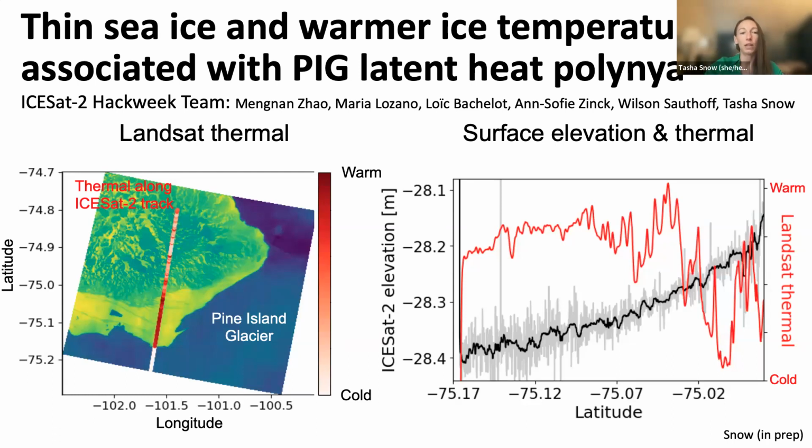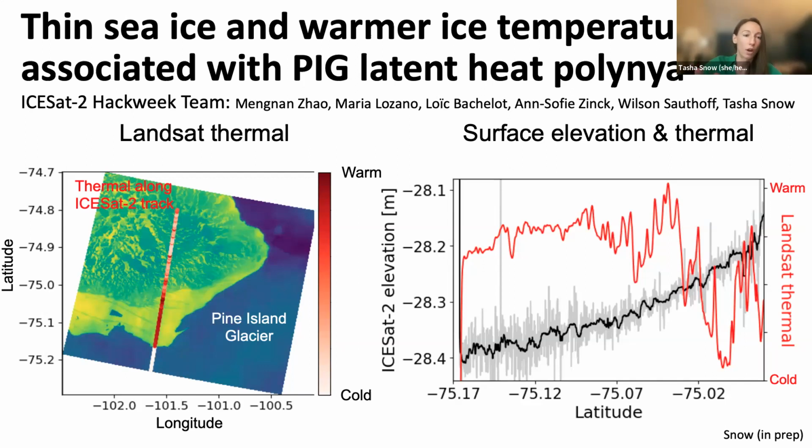So in about 3 days, the work that you're seeing here was put together by the five graduate students and myself that were on this project. Some of them had no experience using ICESat-2, and some of them had very little experience using Python, but we did this work in the cloud and were able to start collaborating very rapidly and produce a project over the course of 3 days.